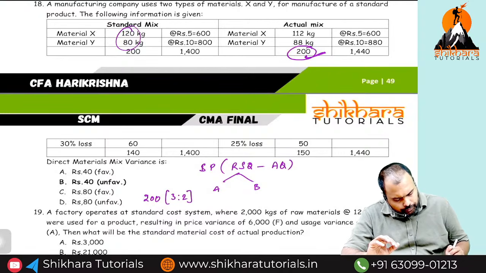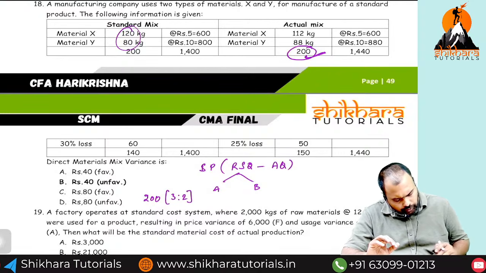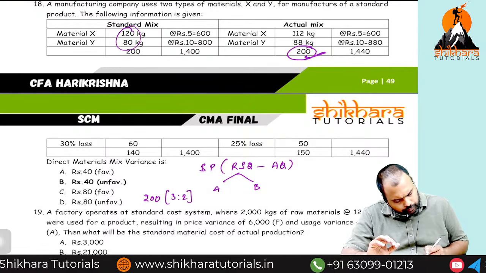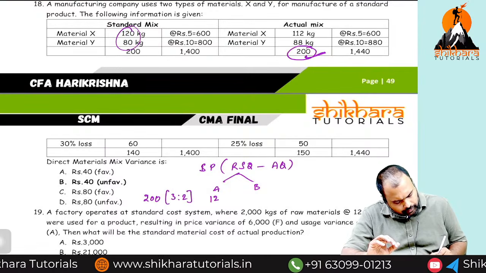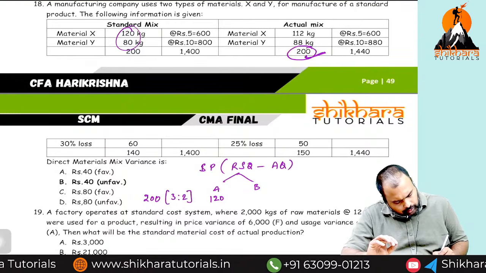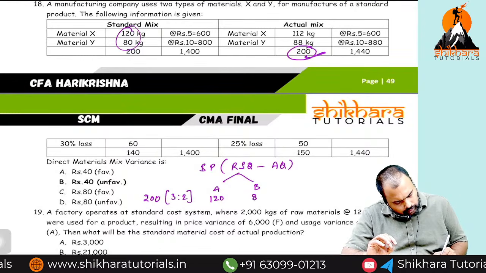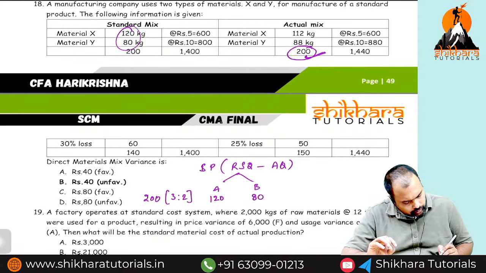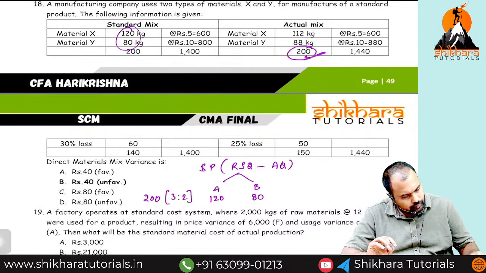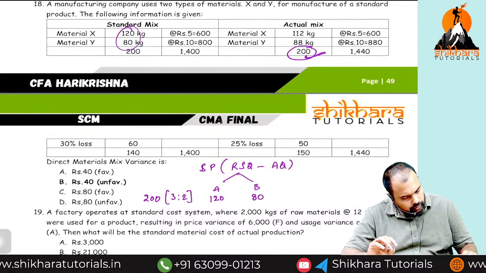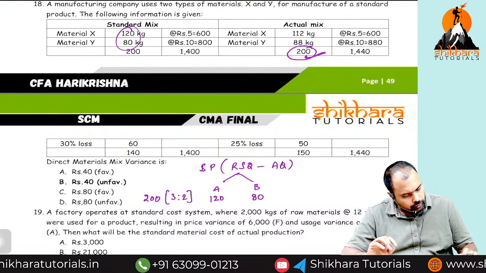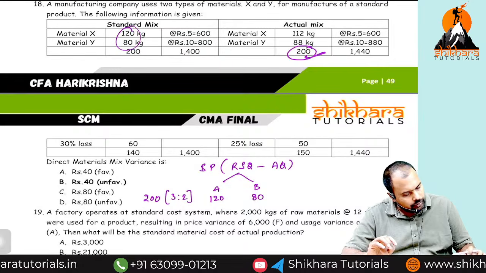That is RSQ. So 200 by 5 is 40, into 3 is 120, and into 2 is 80.